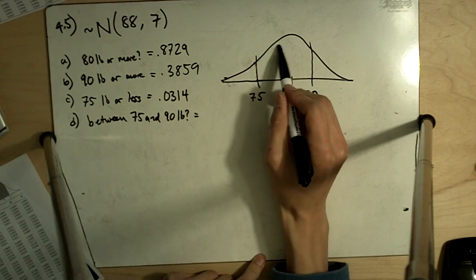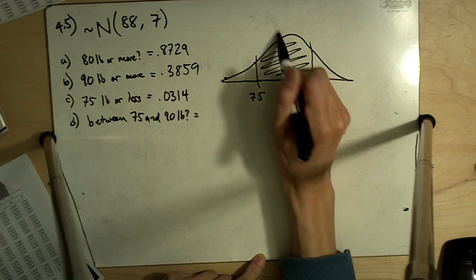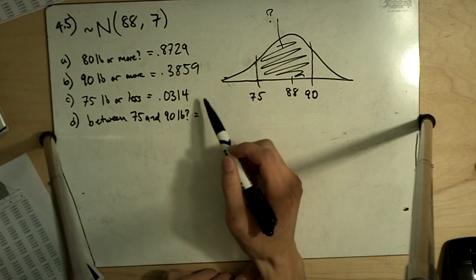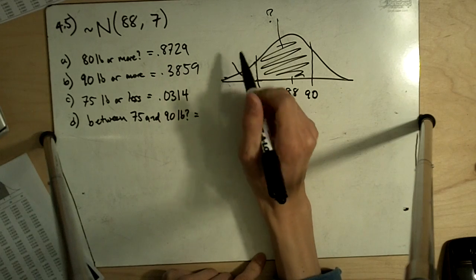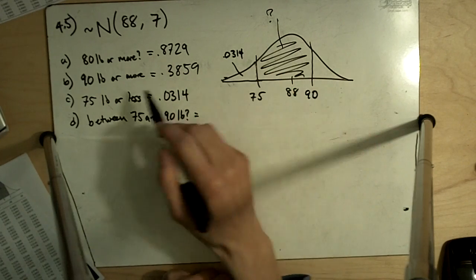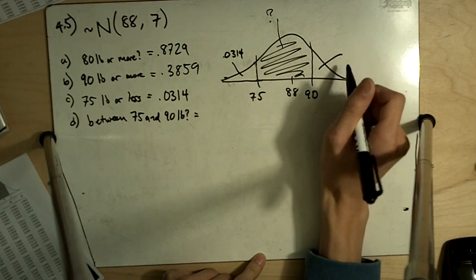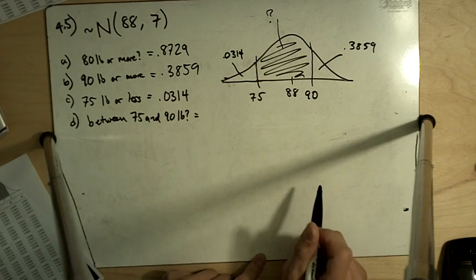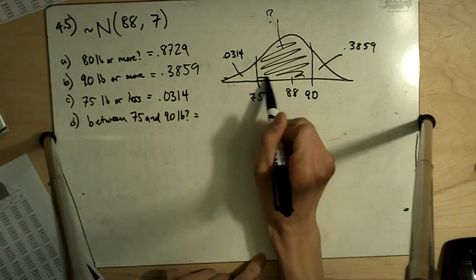Okay, and we're interested in this area now. Alright, so from our previous answers, 75 pounds or less was 0.0314, and 90 pounds or more, which is this area over here, is 0.3859.